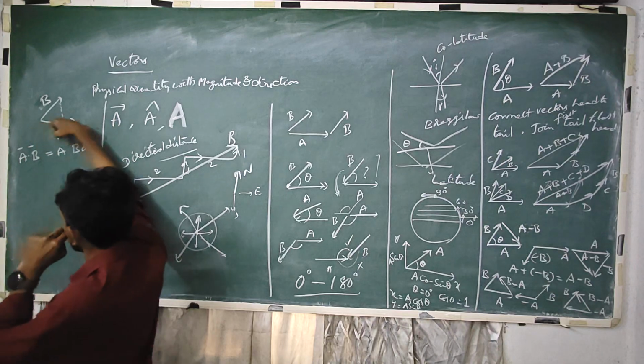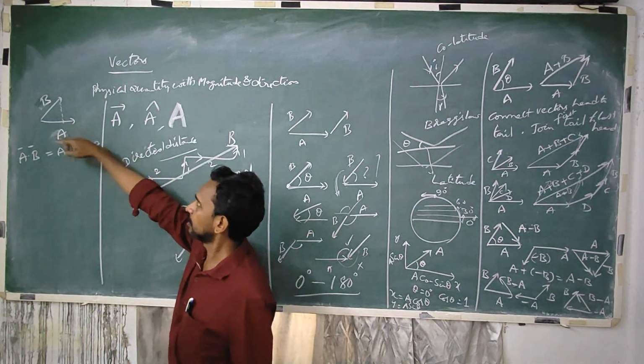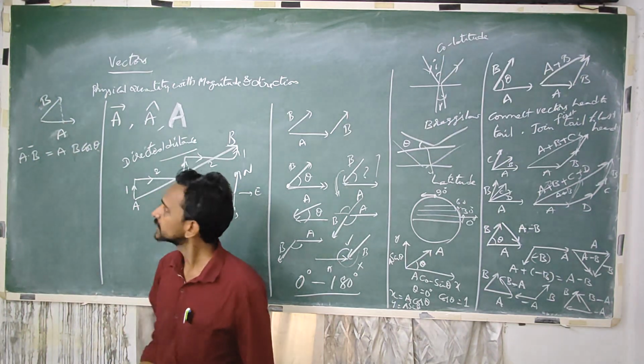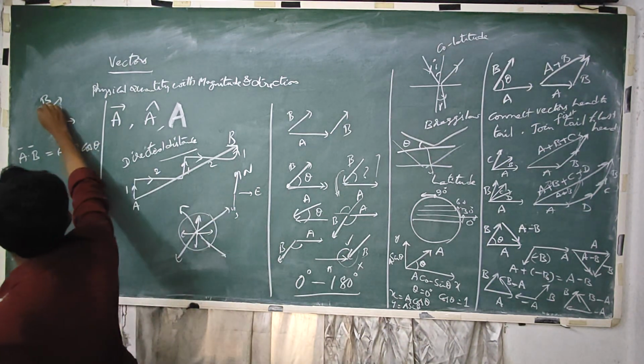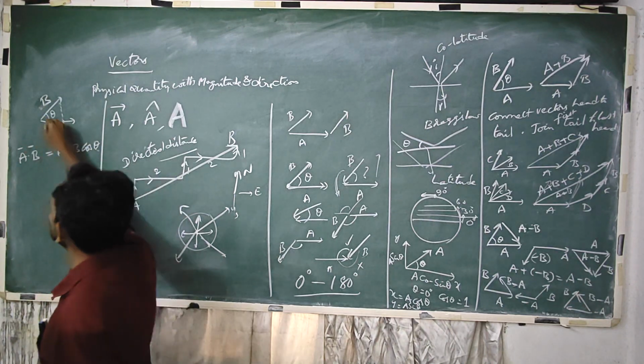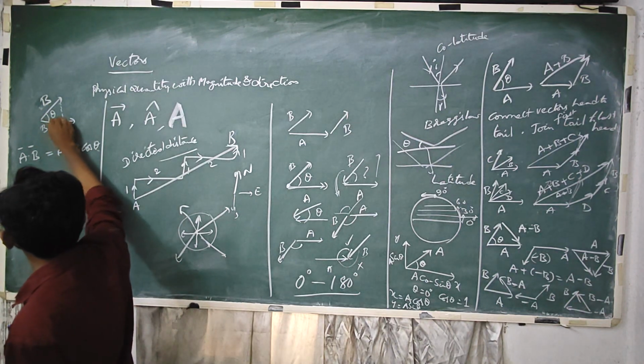If you place a mirror along A, where do you find the image of B? So the component of B along A should be considered. If this is angle theta, the component of B along A is B cos theta.